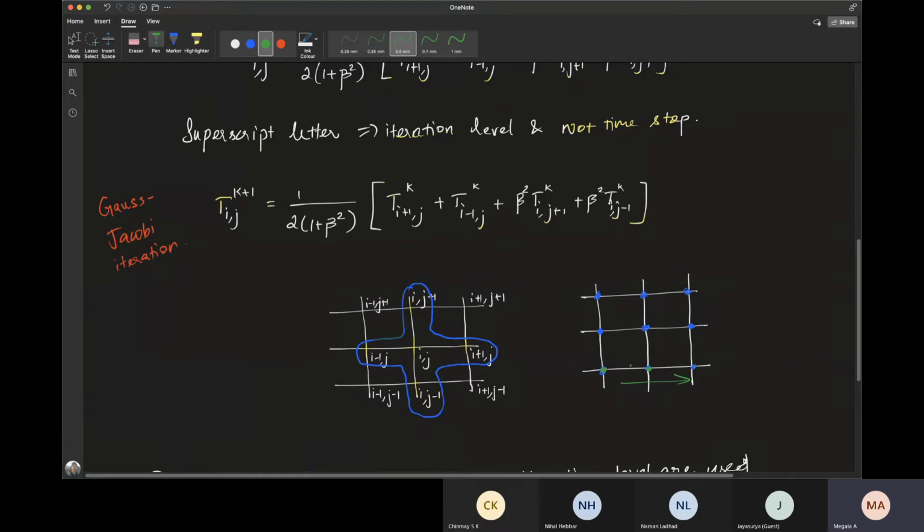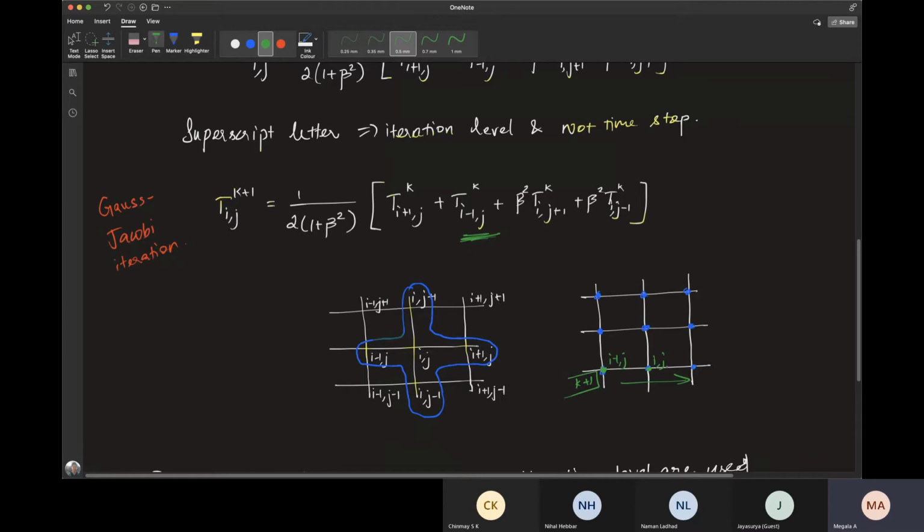So this value is known at iteration level k plus 1. But still we are going to use the value of T at this point at the iteration level k. Suppose this is i comma j, this is going to be i minus 1 comma j. So Ti minus 1 comma j is used at k in Gauss-Jacobi iteration.